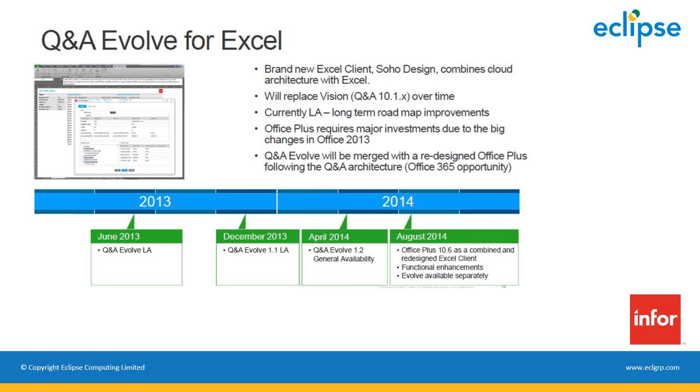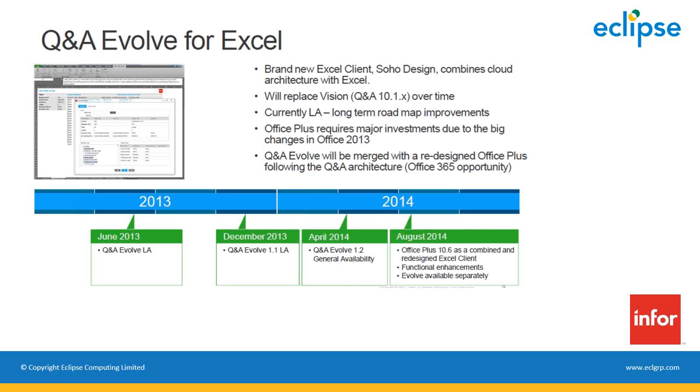But the long-term plan is that this will eventually replace Q&A, though it's going to be a long path. I think it's going to be a very gradual process. People are going to migrate slowly. I don't think it's going to be a complete overnight replacement.